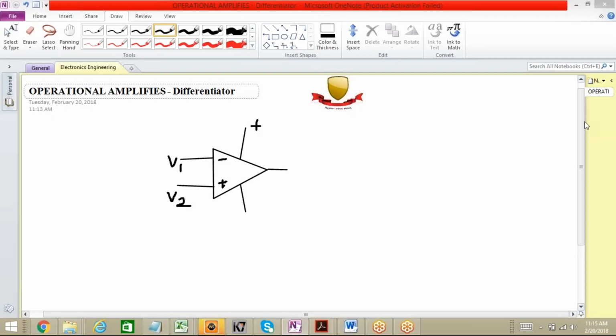Fine. And this terminal will be our output. This will show you the output part. Here, let me mention it: V output.